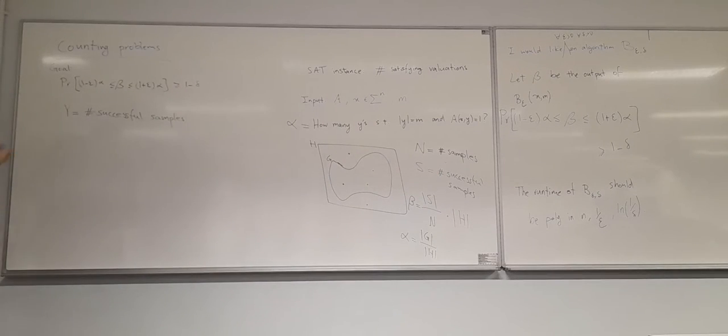Or actually, to make the notation simpler, let me just call it S. I used it as a set there, I'm using it as a number here, but don't worry, it's just the same thing. S is the number of successful samples. So I can write S as a sum of indicator variables.